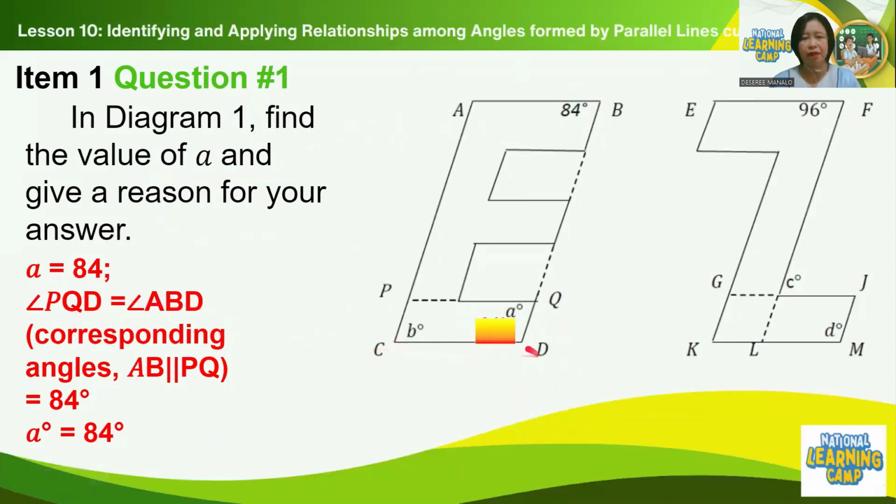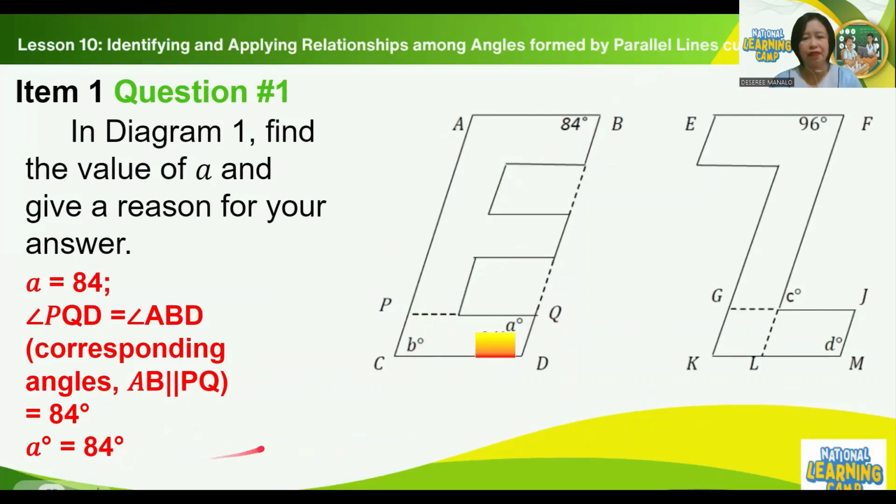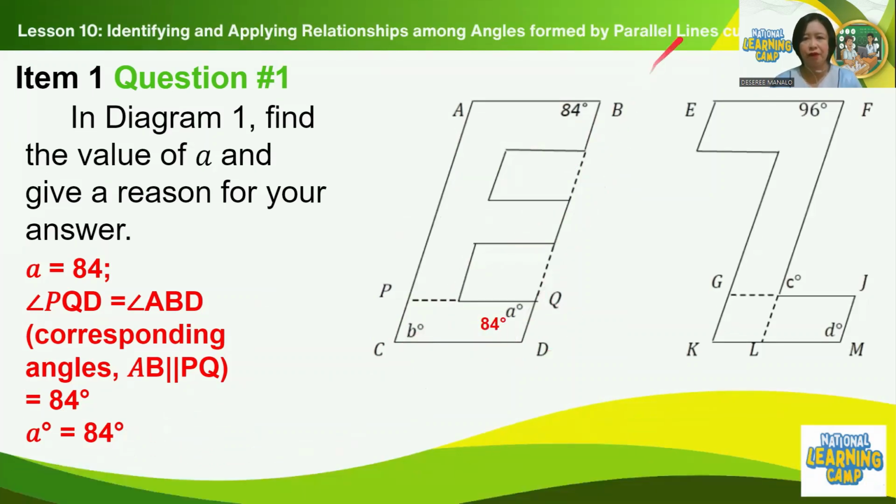Angle PQD is equal to angle ABT because they are corresponding angles, and AB is parallel to PQ. So A degrees is equal to 84 degrees.